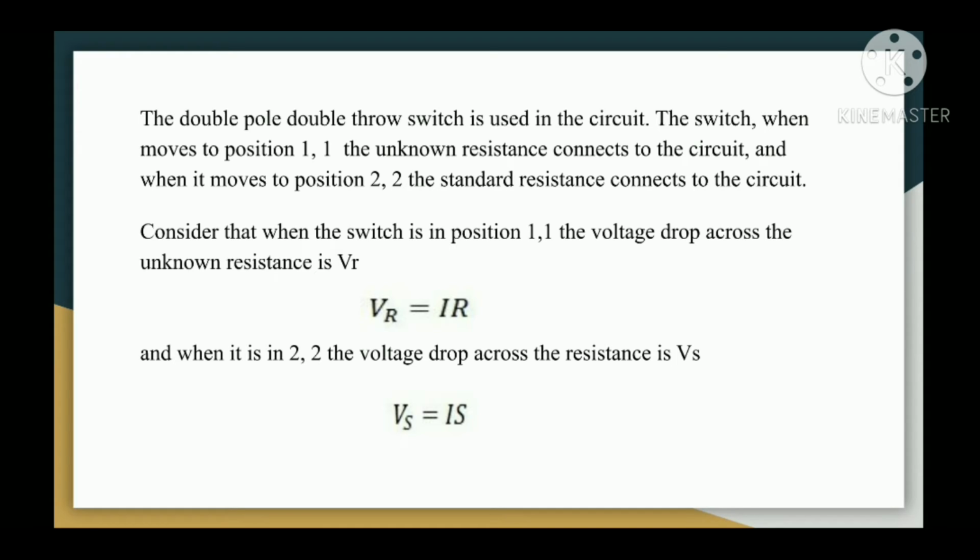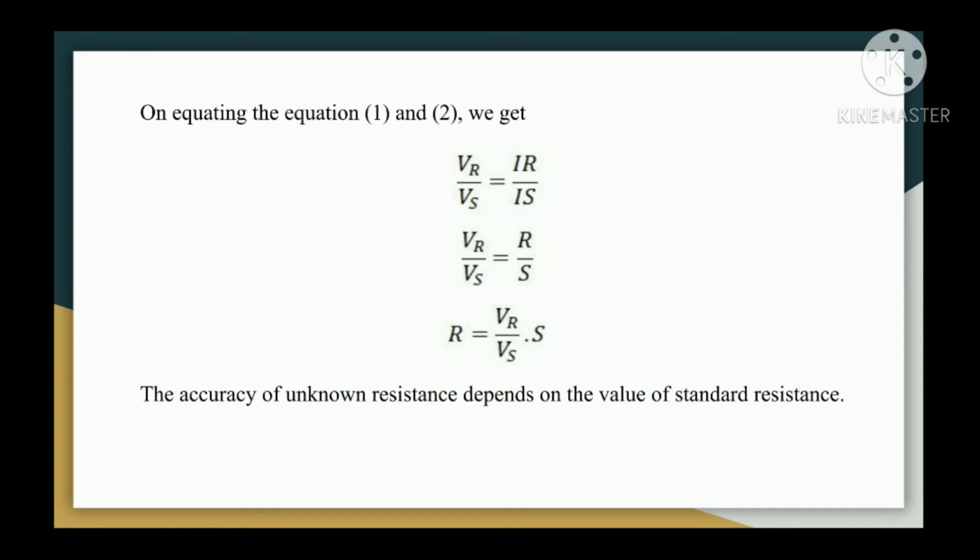So VR is equal to I into R, and when it is in 2 of 2, the voltage drop across the resistance is Vs. That is Vs is equal to I into S. So first is the reading we get for unknown resistance, and next is the reading we get for standard resistance. So by comparing these two we get the unknown resistance value.